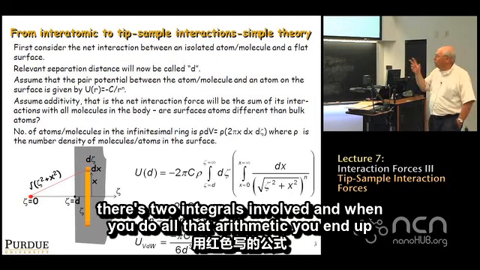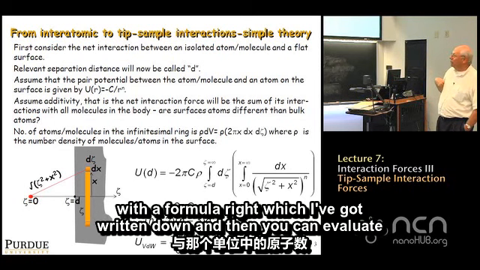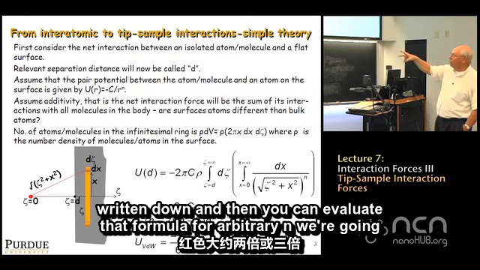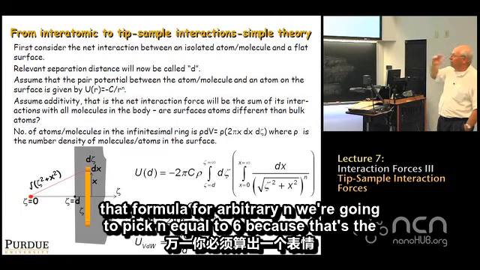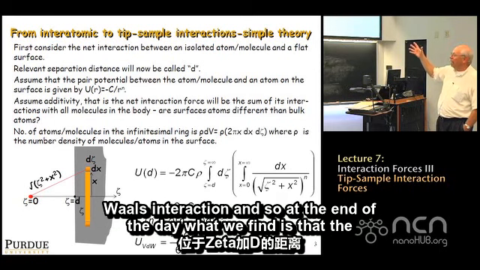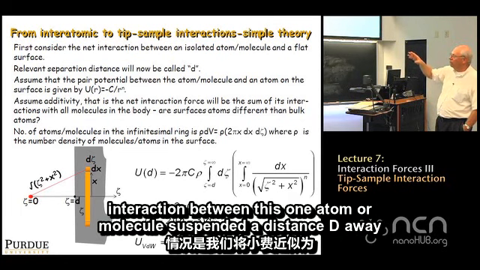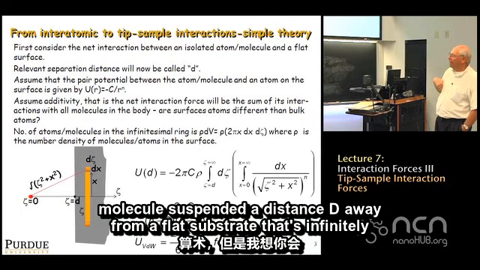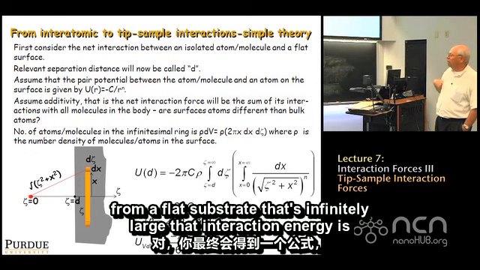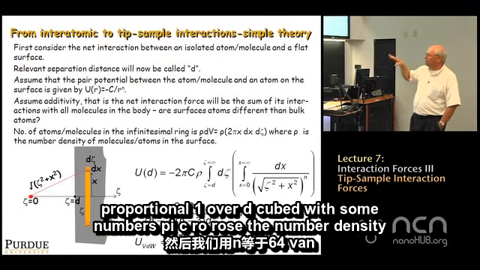And when you do all that arithmetic, you end up with a formula, right, which I've written down, and then you can evaluate that formula for arbitrary n. We're going to pick n equal to 6 because that's the van der Waals interaction. And so at the end of the day, what we find is that the interaction between this one atom or molecule suspended a distance d away from a flat substrate that's infinitely large is proportional to 1 over d cubed, with some numbers: pi, c, rho, where rho is the number density.